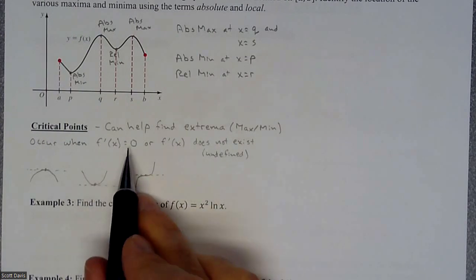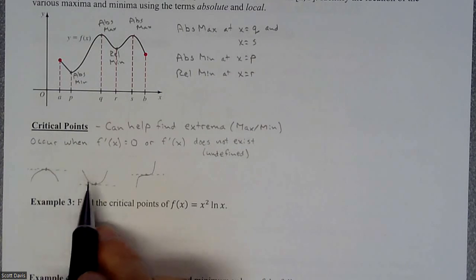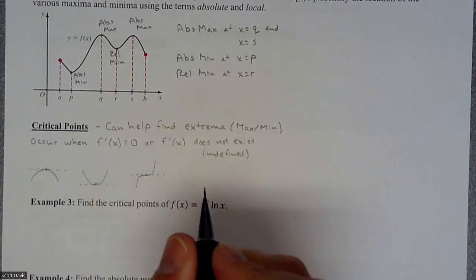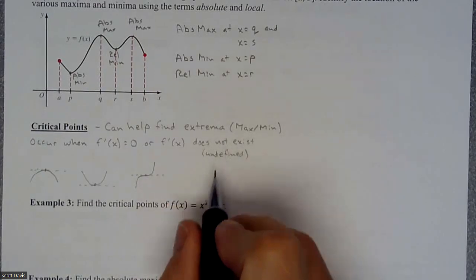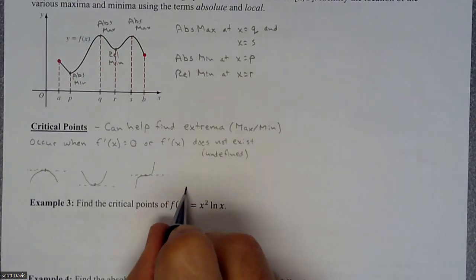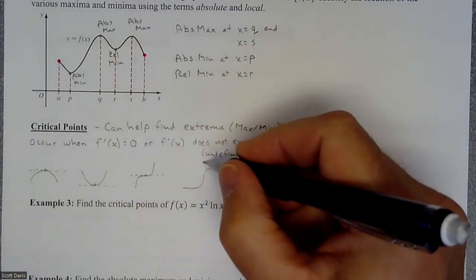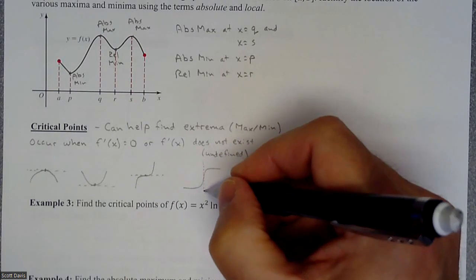So just because we set it equal to 0 doesn't necessarily mean we have a max or a min. We might have this point where it starts to level off, but then it goes back up again. And then for an undefined, that's when the graph goes vertical just for a second, right? So we have this undefined slope.